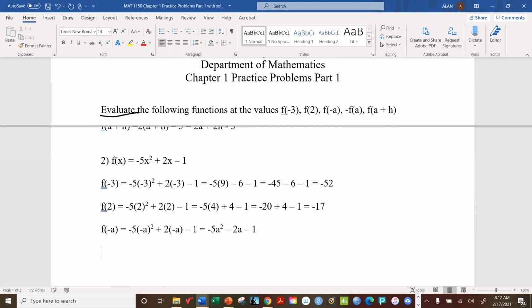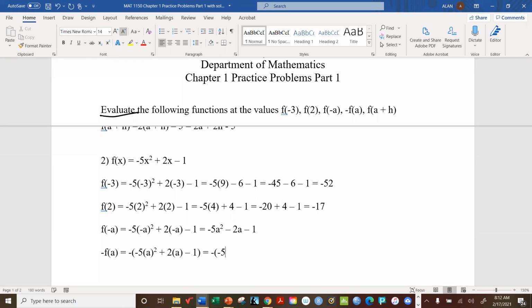Negative f of a, again, keep the negative on the outside. And then evaluate this at a, okay, negative 5a squared plus 2 times a minus 1. So keep the negative on the outside.